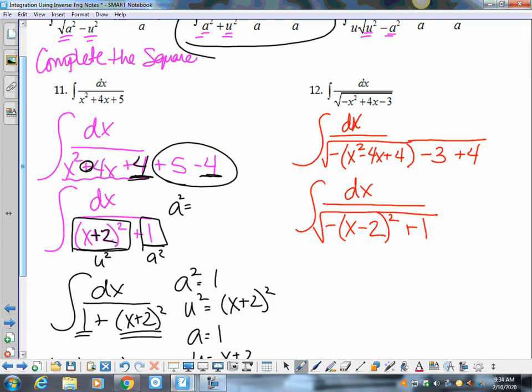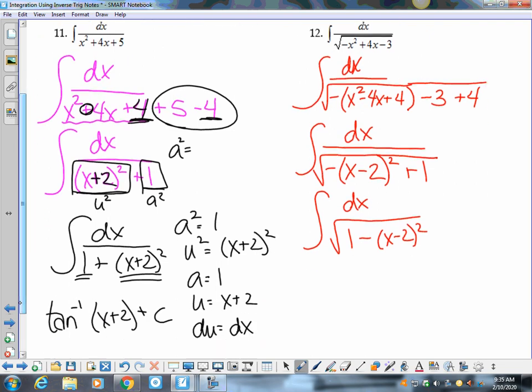Okay, now this kind of blew your mind on the last problem, so I'm going to flip it. Watch. Y'all okay with that? Flip it, don't flip it, it's whatever you're comfortable with. But you cannot mix up your A and your U. So A squared, A is 1.